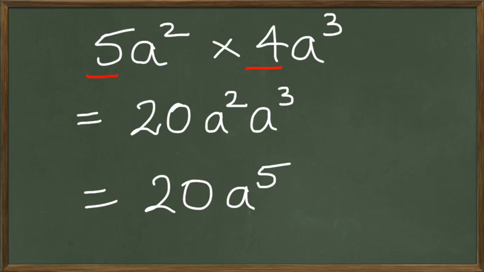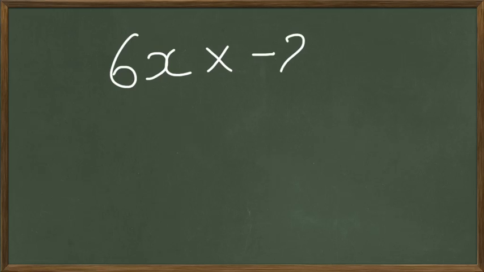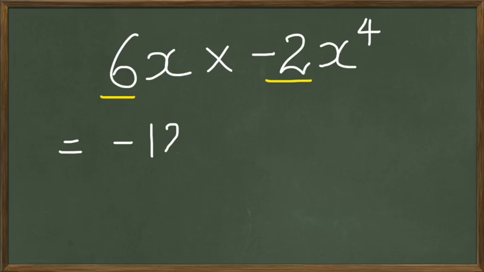Okay. How about we change the number now? What if we have something like 6x times negative 2x to the power of 4? So remember, the first thing it says, do your numbers first. 6 times minus 2, that's negative 12.